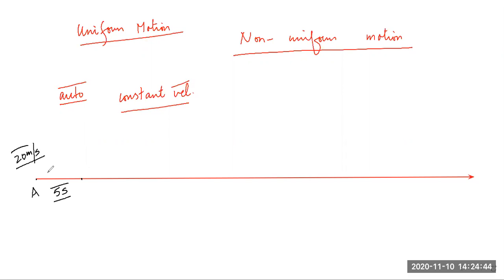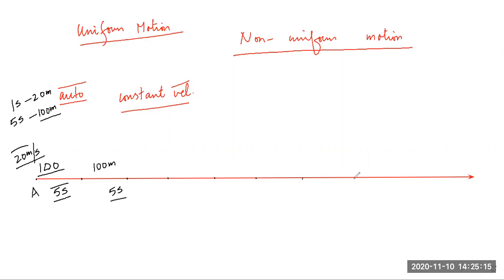In 5 seconds, it will cover, not 4 meter, 100 meter. In 1 second, it's covering 20 meter. In 5 seconds, it will cover 100 meter. Okay, another 5 seconds, we observe, it's again covering 100 meters, and so on.